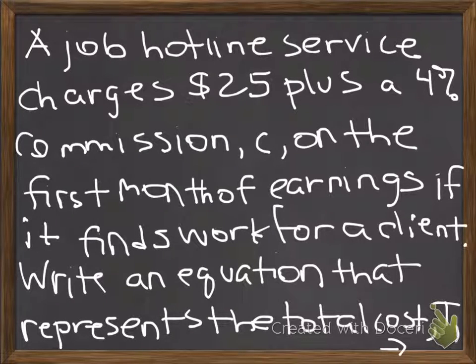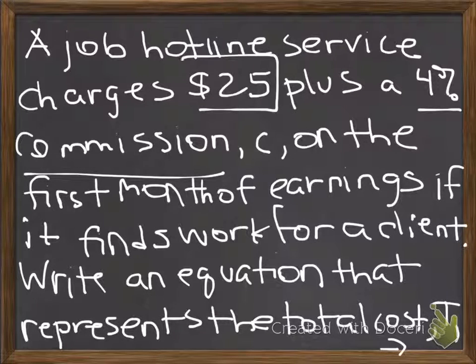Now we're looking to write an equation here, and it needs to represent the total cost. So if we have a job hotline service that charges $25 plus a 4% commission, the percent commission is going to be your rate. The $25 is a flat fee.